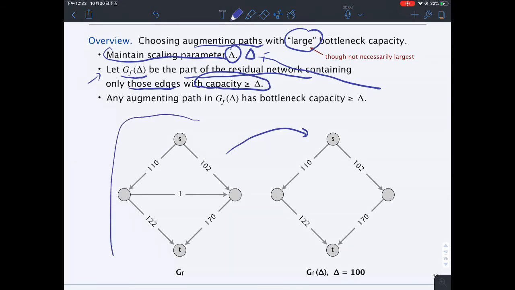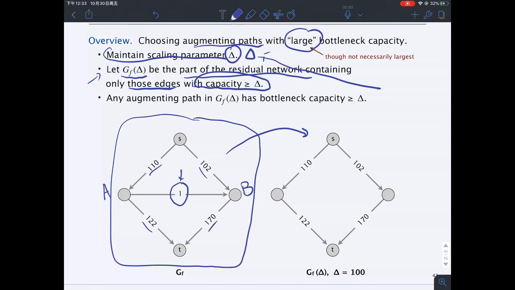Here is a working example. If we have a graph that looks like the graph on the left hand side, again we have a troublemaker: an edge connecting A and B whose capacity is only one. The rest of them have very large capacities. In case we let delta be 100, we are going to delete all edges whose capacity is less than 100.